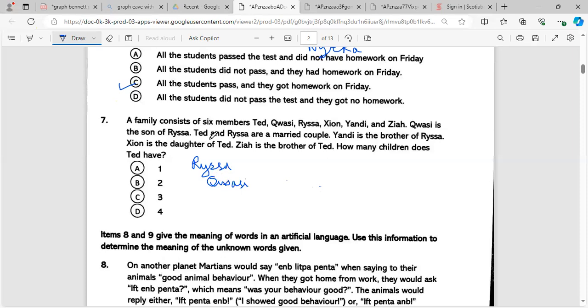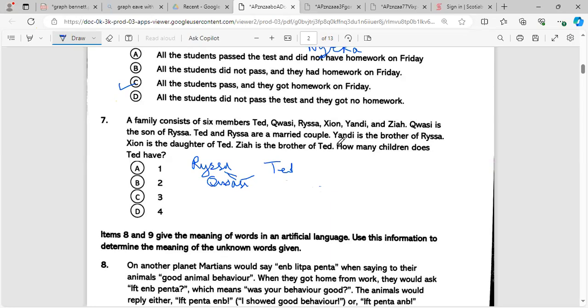So that's one female. So basically, Ted's child is two. Everybody agree? Yes, sir. That's the first thing. And they say they are a married couple.